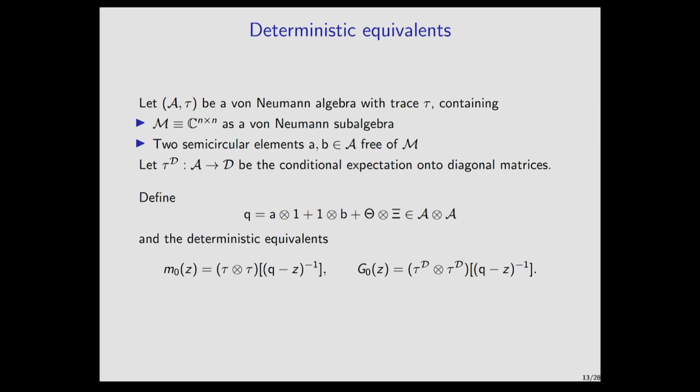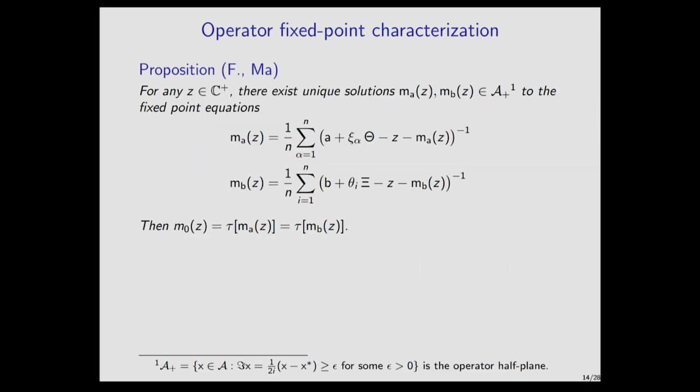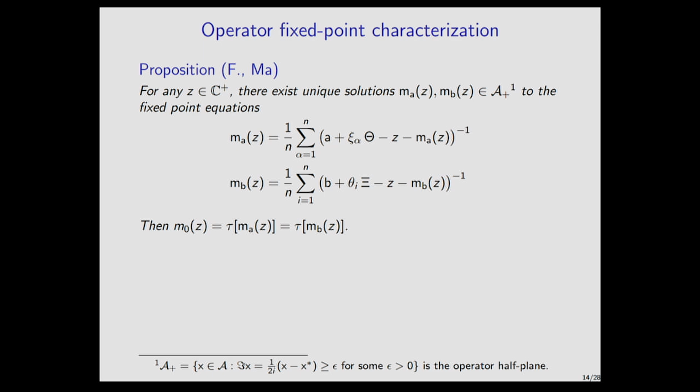I think one natural question one might ask about this is whether there's a simpler characterization of these limiting objects. We haven't been able to find one, so the simplest characterization I can give is maybe this one, that I can write down a pair of fixed point equations that characterize this thing, but the fixed point equations themselves are also in this operator algebra space. They're not in the scalar field. So I can define this pair of fixed point equations that looks a little bit like the fixed point equation you just saw for the deformed Wigner model.